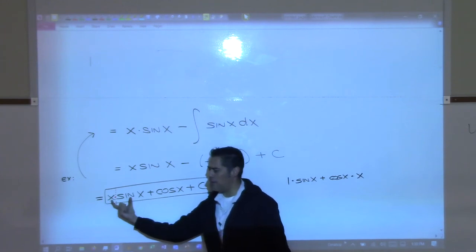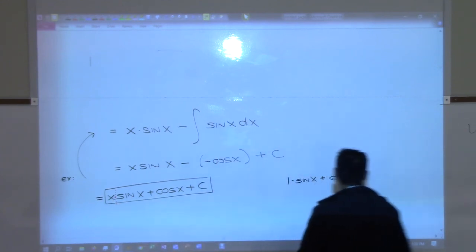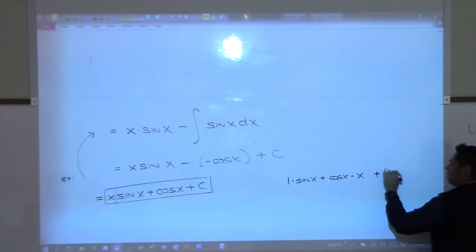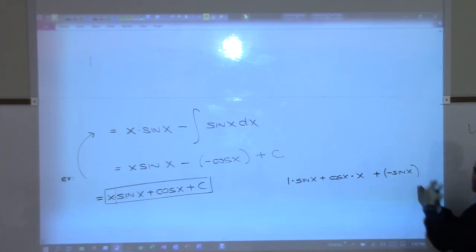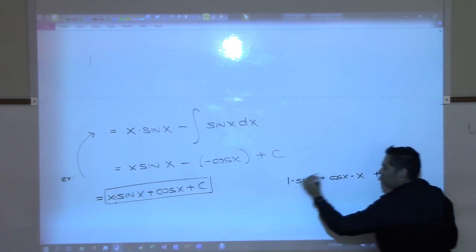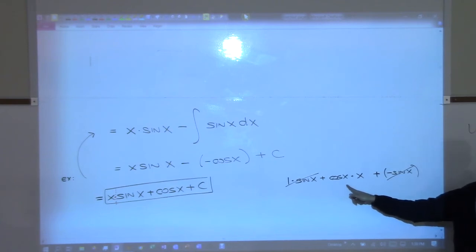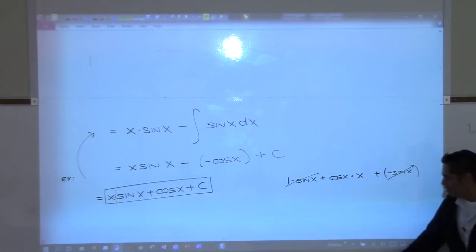So that's our product rule on that. Then we move on to the next one, plus the derivative of cosine of x, which is negative sine x, and then the derivative of the constant is 0, right? And do you see that this negative sine x and this positive sine x cancel? And all you're left with is x times cosine x, which is the original integrand, right? So it works.